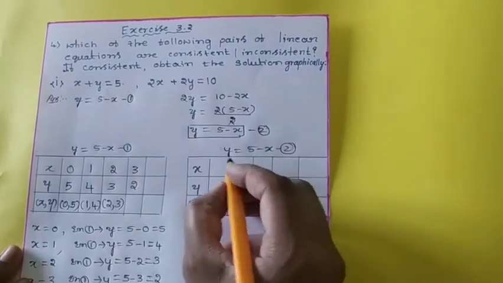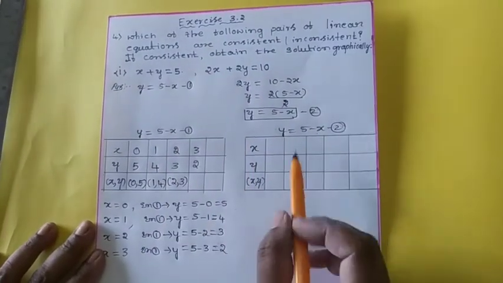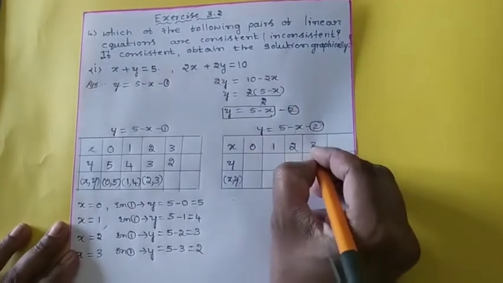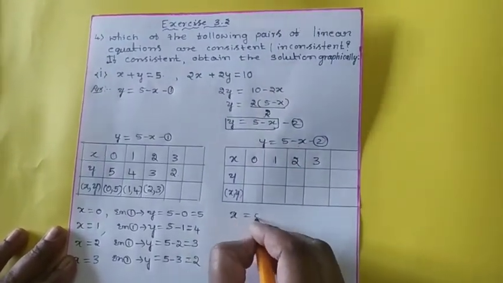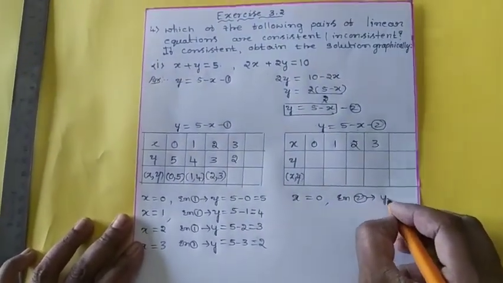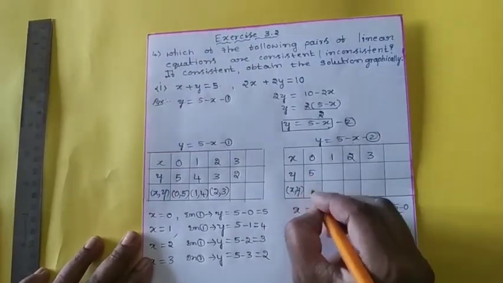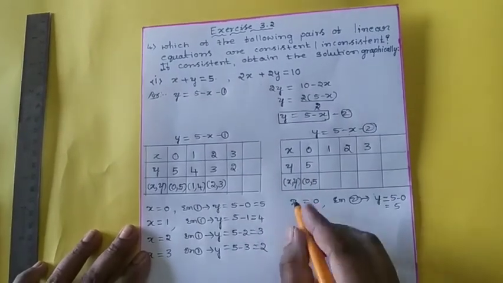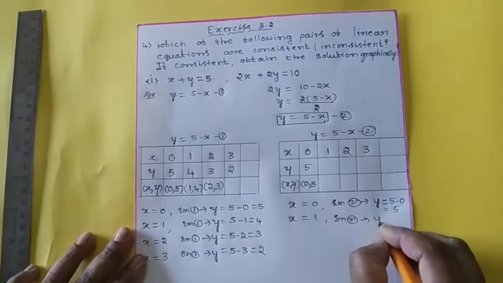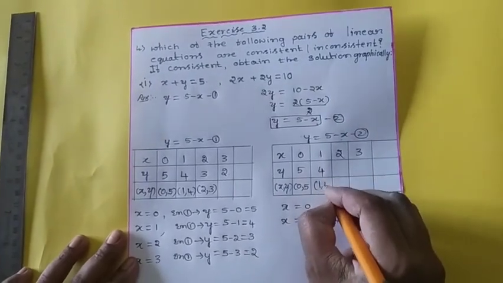Then again we will see that equations 1 and 2 are the same. We put the values 0, 1, 2, 3 in equation 2 again. Equation 2 becomes y is equal to 5 minus 0, that is equal to 5. Then x is equal to 1, we get the same answer 4: (1, 4).